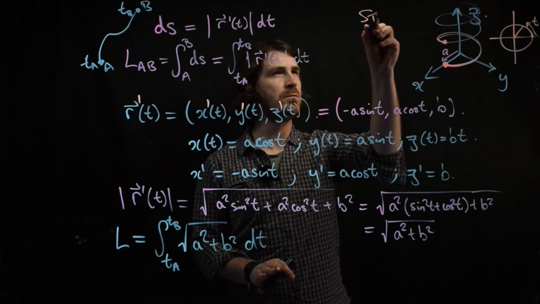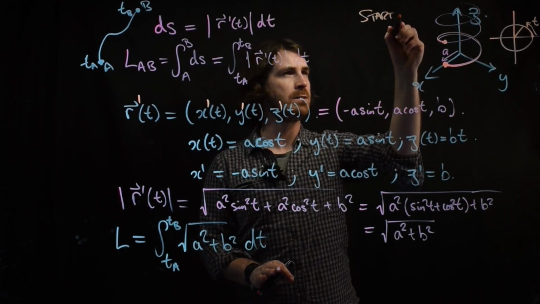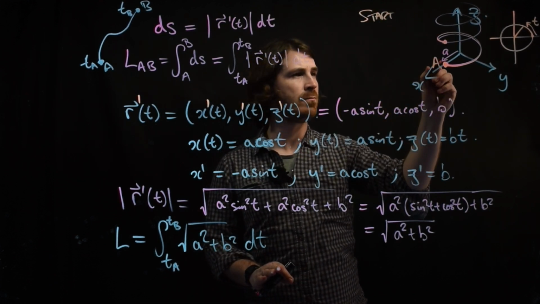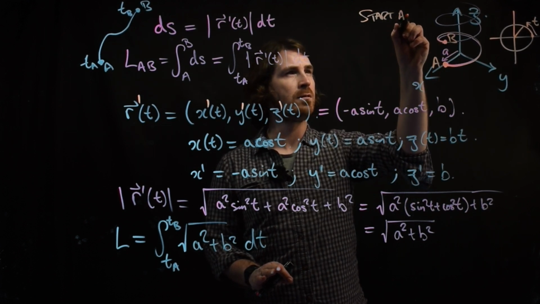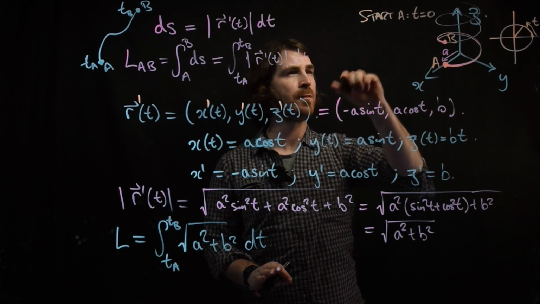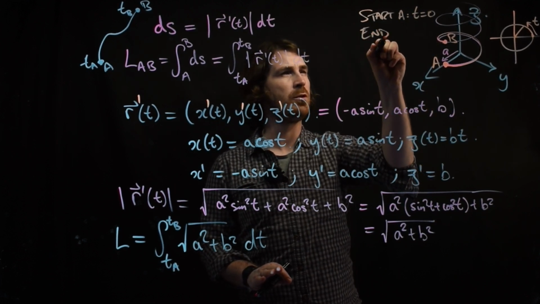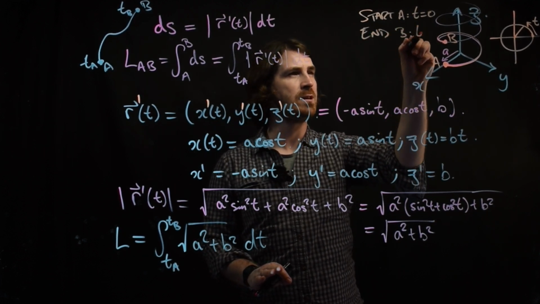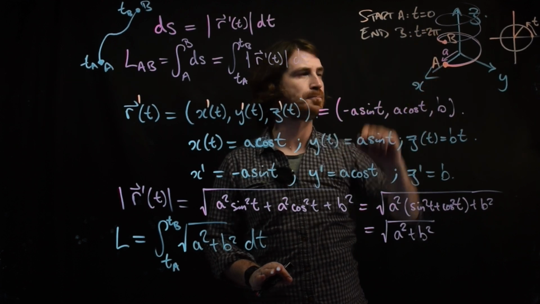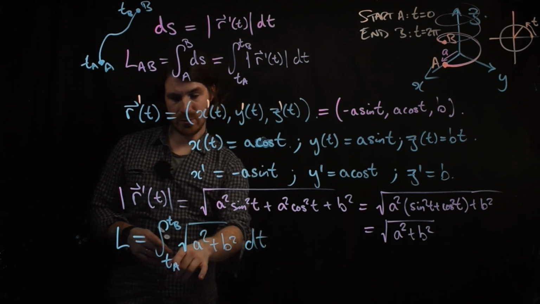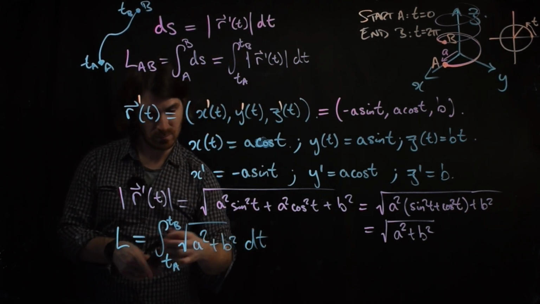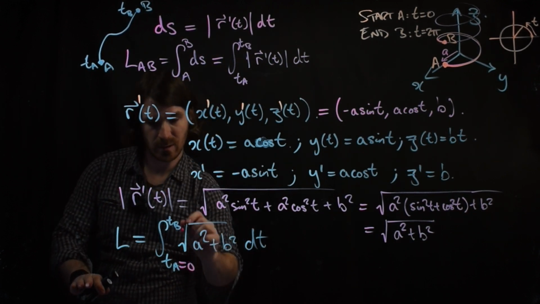We start at point A, which has t equals 0, and we end at point B, which has t equals 2 pi. We go round the circle once. So ta is 0 and tb is 2 pi.